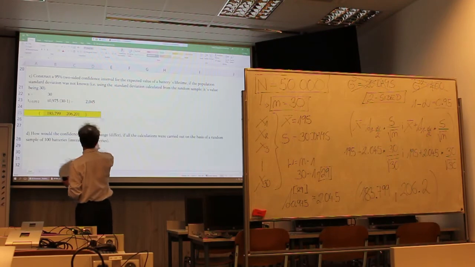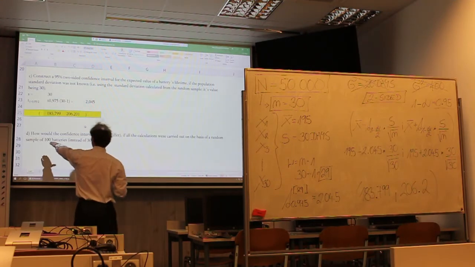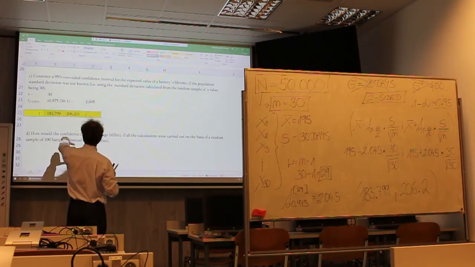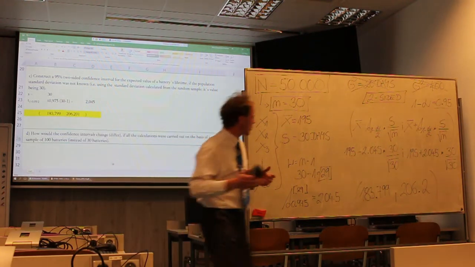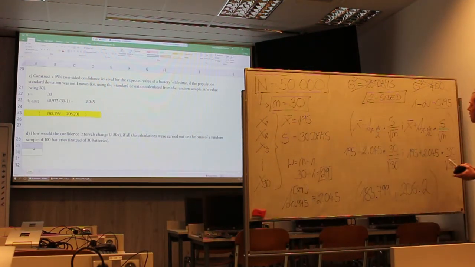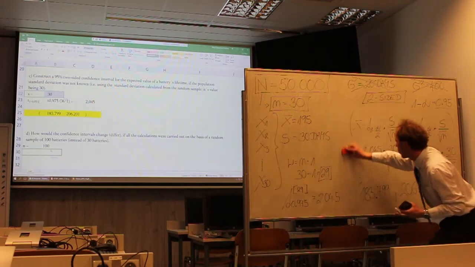How would the confidence interval differ if all the calculations were carried out on the basis of a random sample of 100 batteries instead of 30? I will use the previous confidence interval for known variance.